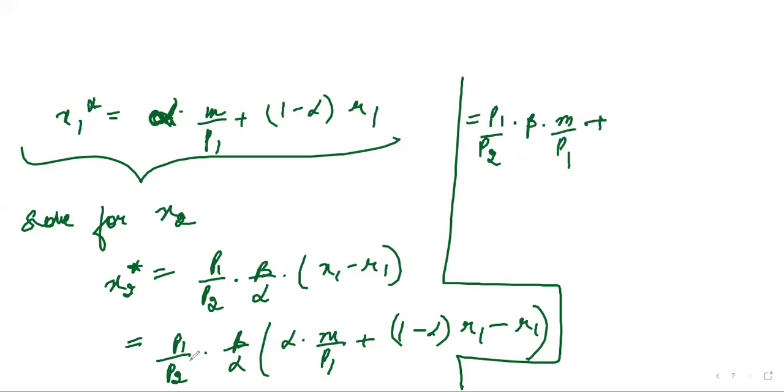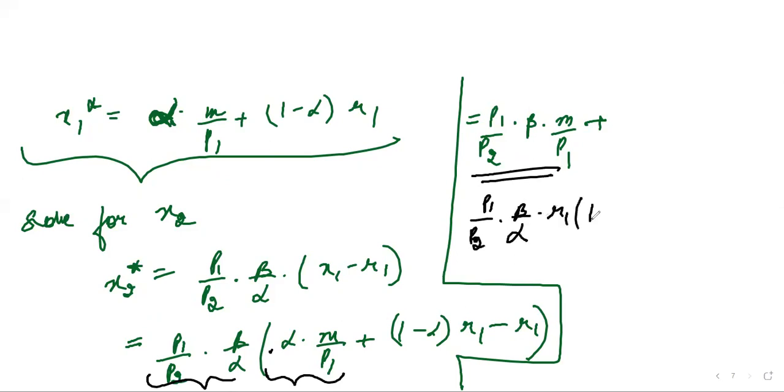So what I've done is the following. I have multiplied this part with this part first. So my alpha and alpha gets cancelled and I'm left up with this part plus P1 by P2 into beta by alpha. I'm going to take R1 common from here, 1 minus alpha minus 1. Does this make sense? From here I've taken R1 common.